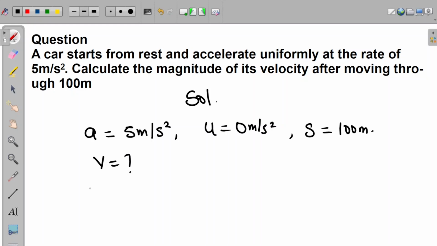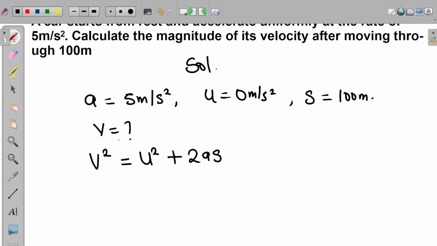So we have that v squared is equal to u squared plus 2as. Now, this is the third equation of motion. So we have the value of a, and also we have the value of the distance, which is 100 meters. And we are told that the car starts from rest. So if we input our values into the formula, this becomes v squared equal to 0 squared plus 2 times 5 times 100.